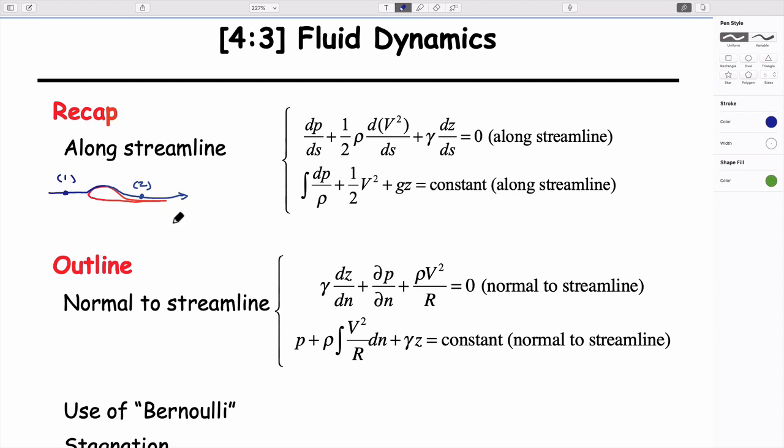And if we do that, then we can write Bernoulli's equation, which we talked about last time, which is this expression here. We can write it in a differential form.